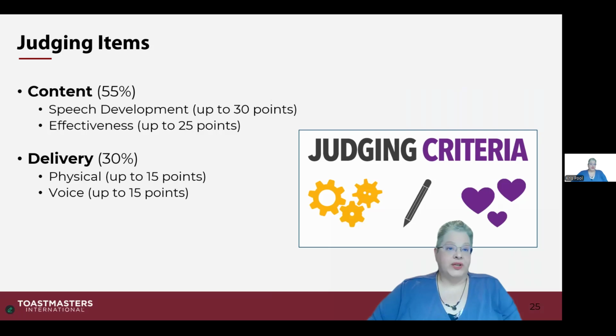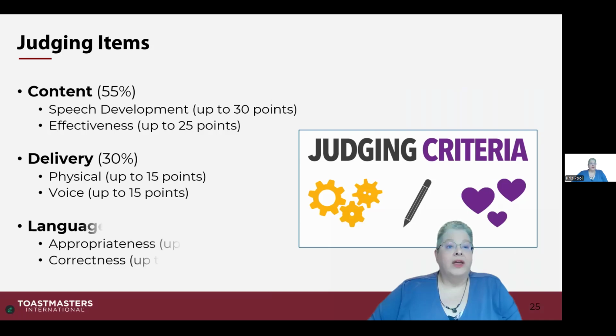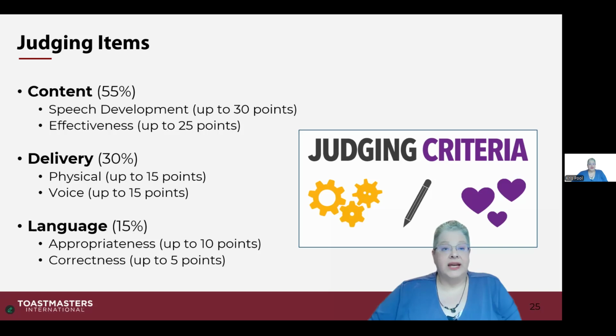Delivery is 30% of the score. Physical can earn up to 15 points and voice up to 15 points as well. The last category is language, which accounts for 15% of the total score. Appropriateness can be scored up to 10 points and correctness up to 5.